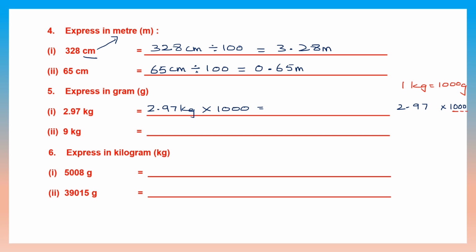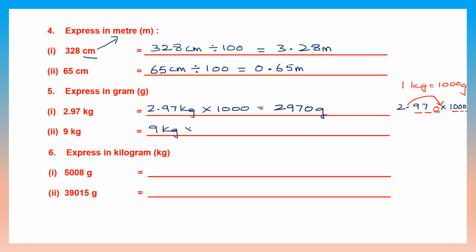So 1, 2, 3. 3 places to the right. So I have 1, 2, one more place, and then the point comes there. So in this place, I must put a 0. So now let's write our answer. 2970, this time grams.